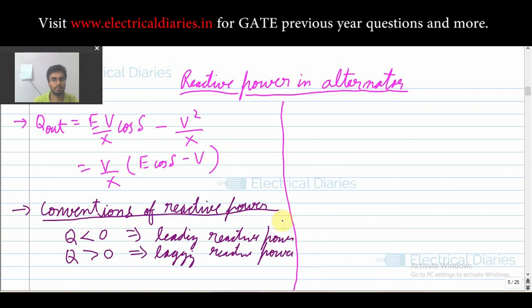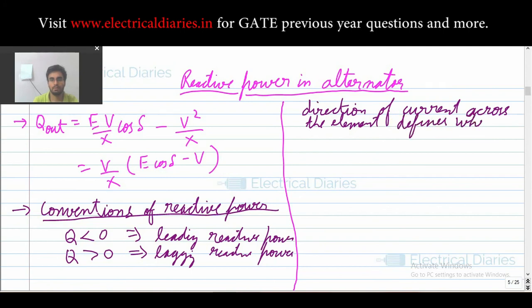And the direction of current through the element, or better, across the element, defines whether it is absorbing or delivering reactive power.